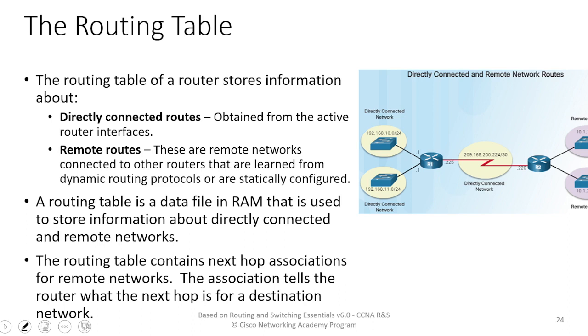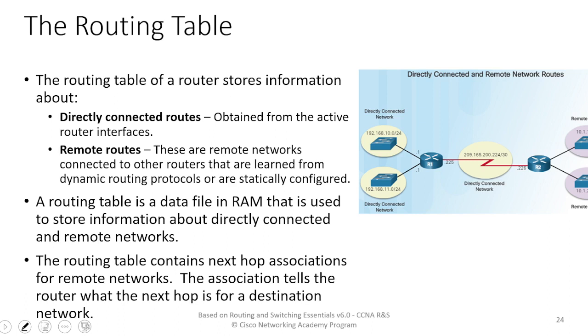And when we are talking about routing decisions, this is where we will also talk about routing tables. The routing tables are the collection of information about the networks that it is directly connected to.